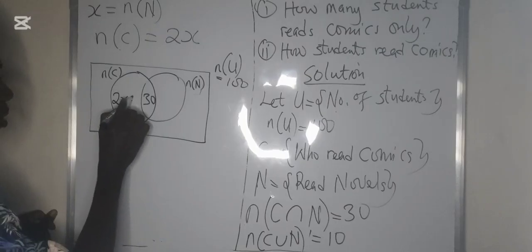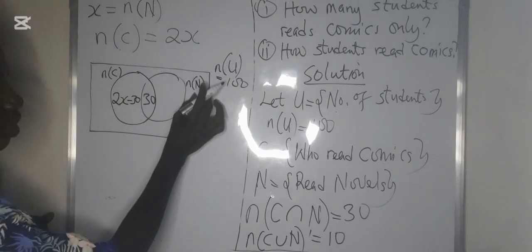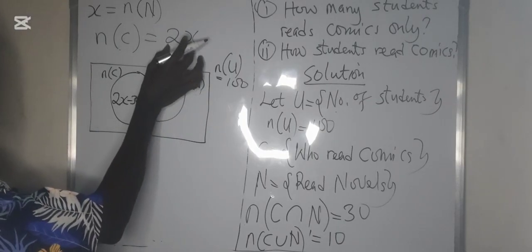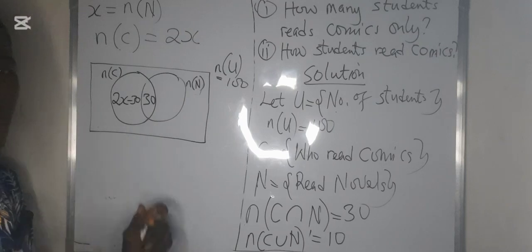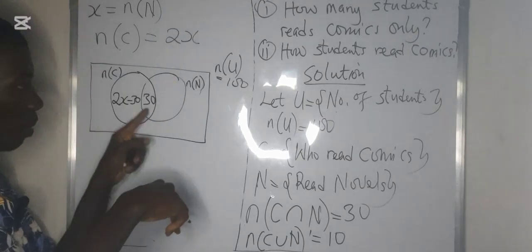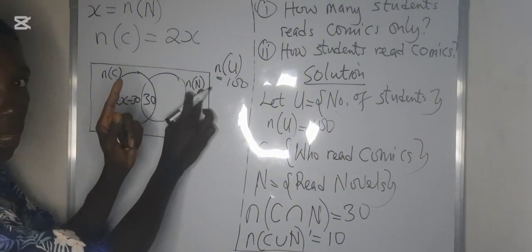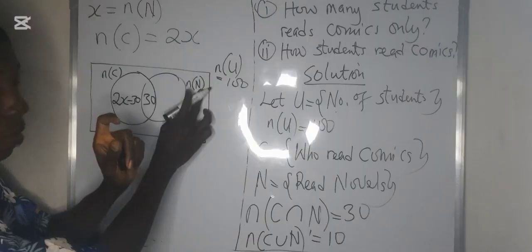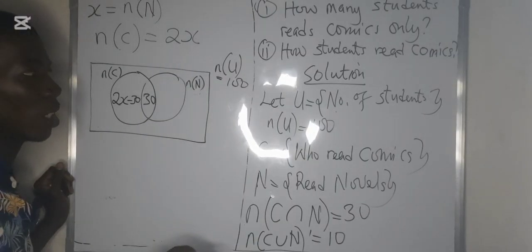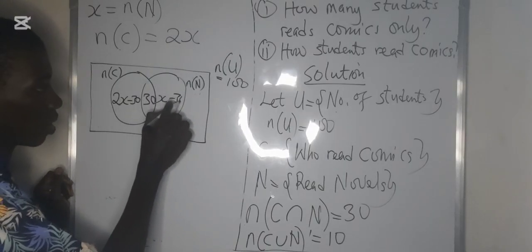The number of students who read comics is 2x, but the number who read only comics will be 2x minus the intersection. The number of students who read novels is x, but the number who read only novels will be x minus the intersection, which is 30.